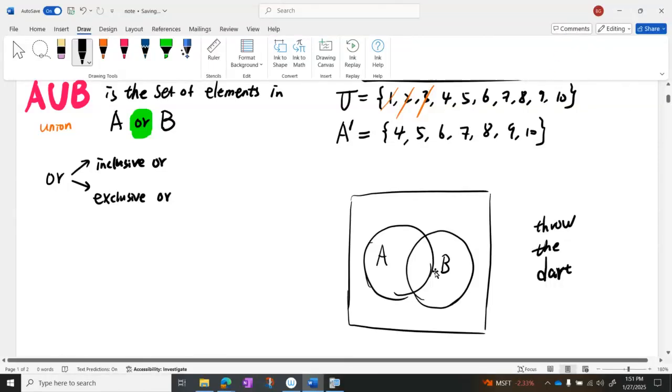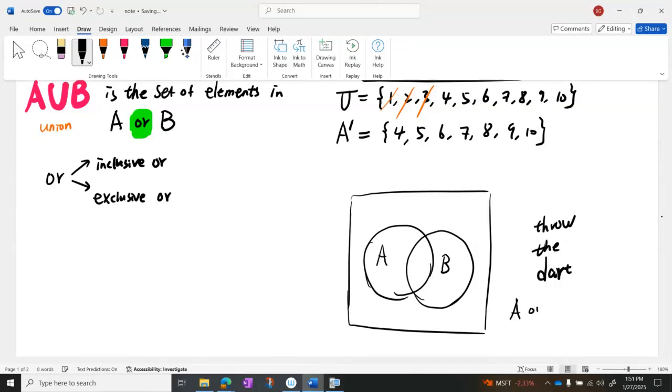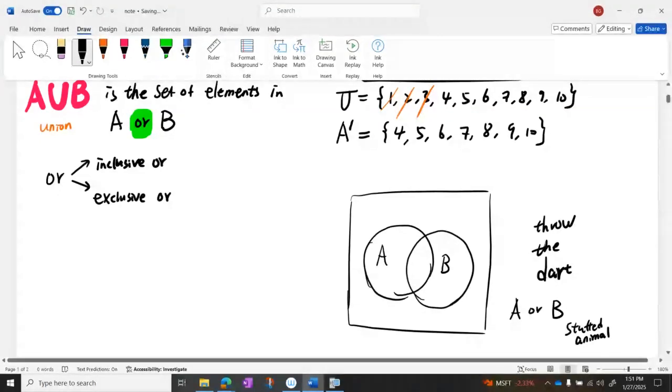If the kid can throw the dart and hit A or B, he gets a stuffed animal as a reward. So if the kid can hit region A or region B, the kid wins a stuffed animal.